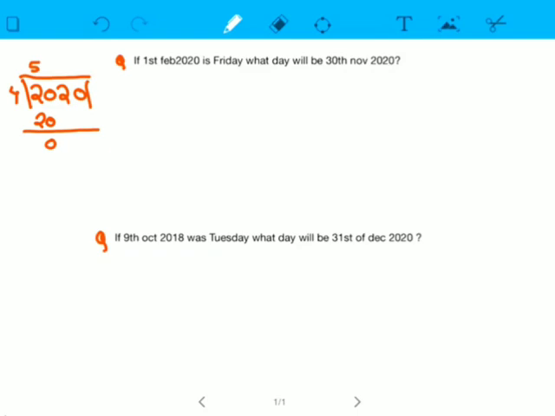Then we bring down 2, and since that is not a multiple of 4, we put 0 and move on. Now we bring down another 0, and since that becomes 20 again, we put 5 and remove the 20. Now 2020 is a leap year, so it makes 366 days instead of 365.